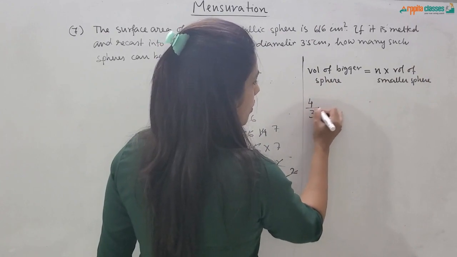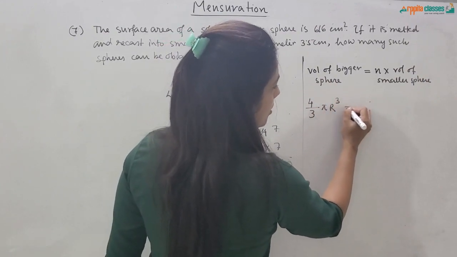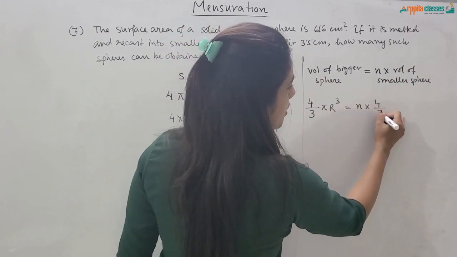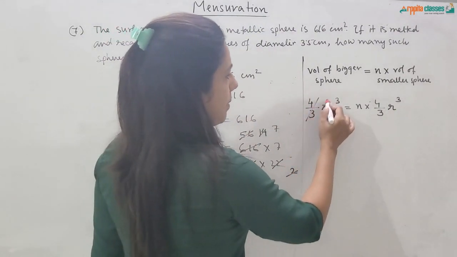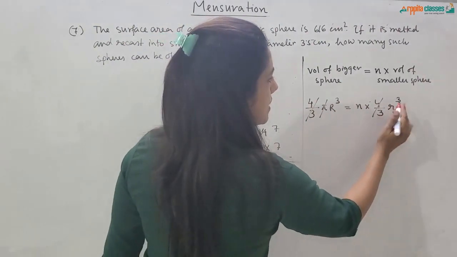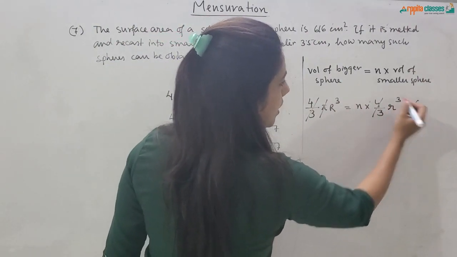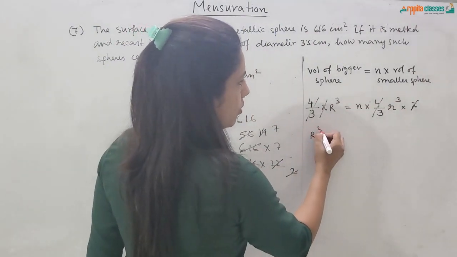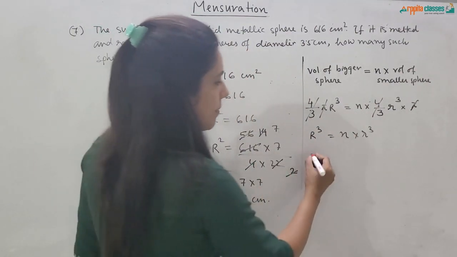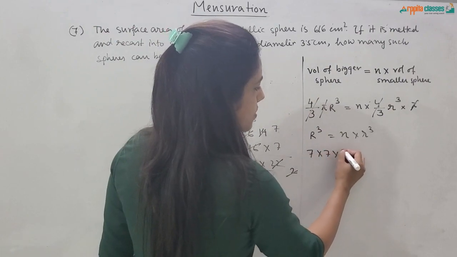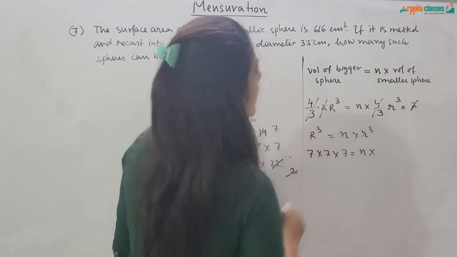Volume of bigger sphere is 4 by 3 pi capital R cube, n into volume of smaller sphere 4 by 3 pi small r cube. 4 by 3 pi will get cancelled. So R cube is equal to n into small r cube. Capital R is 7, so 7 into 7 into 7 is equal to n into small r cube.